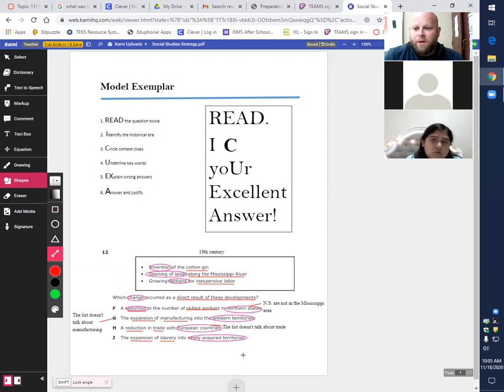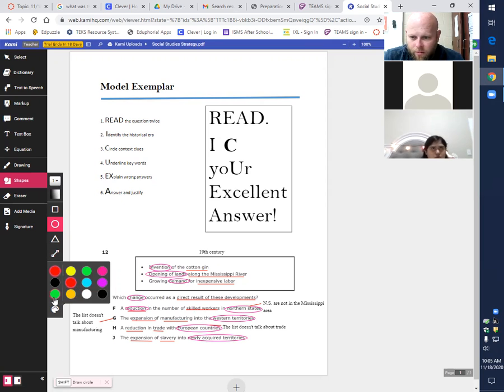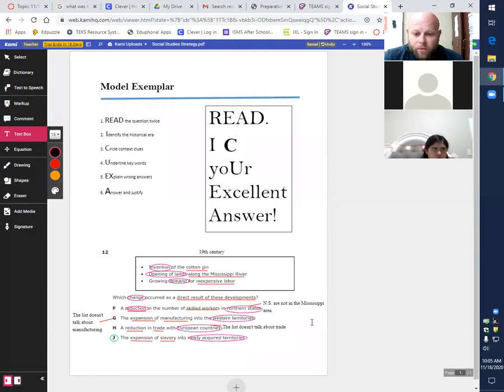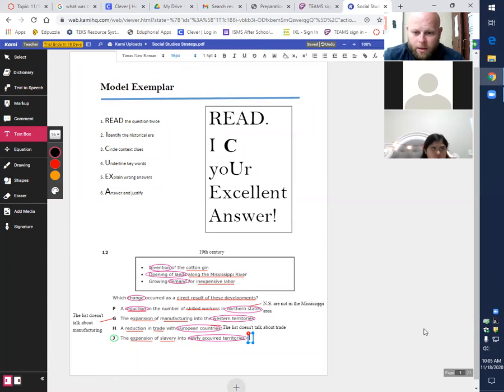Now we're going to answer and justify. Since we've already proven 3 wrong answers, we're going to go ahead and just answer J. I'll make it green. And then you have to justify it, which means you have to explain why that is the correct answer. So, open lands allowed slavery to expand.